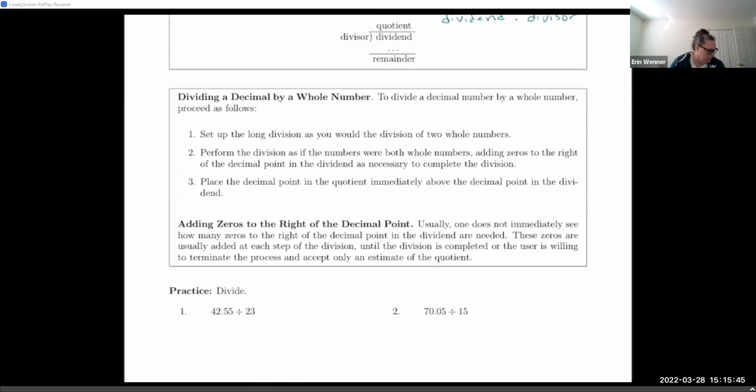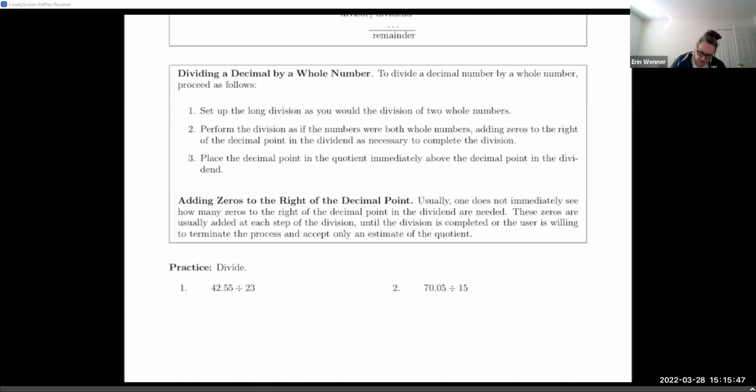So we're currently dividing a decimal by a whole number. So I've got 42.55, and I'm dividing it by 23. So I'm just going to divide this in. So 23 goes into 42 once.